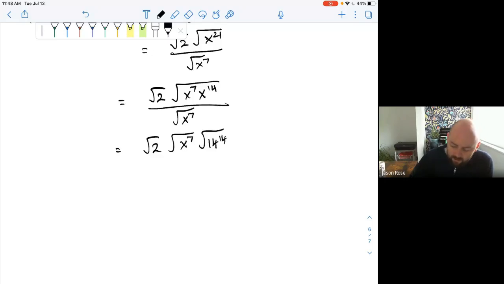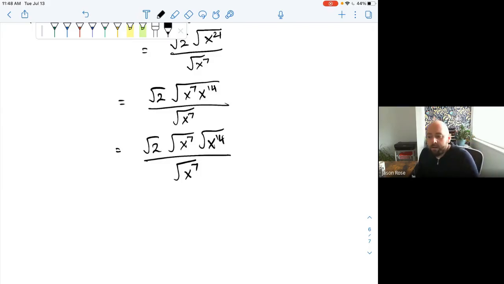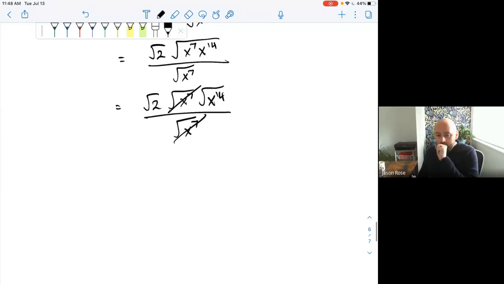Oh, sorry, that's the wrong thing I've written down. This is root x to the 14 on top, root x to the 7 on the bottom. And now I see a common factor on top and on bottom. So that and that will cancel. I have a root 2 times root x to the 14.